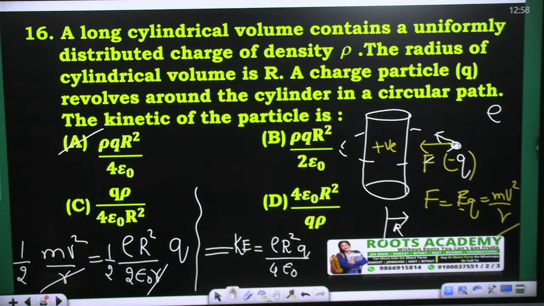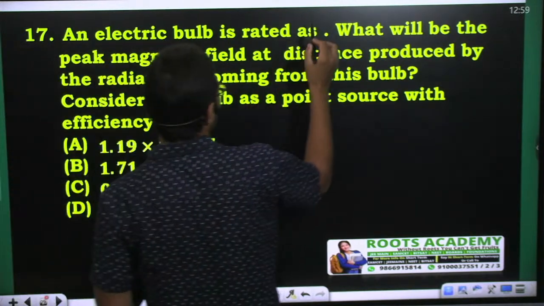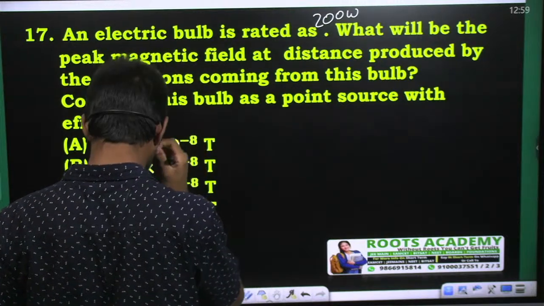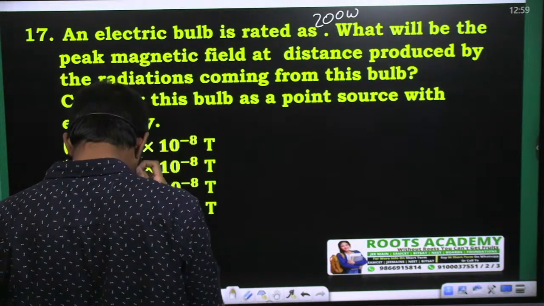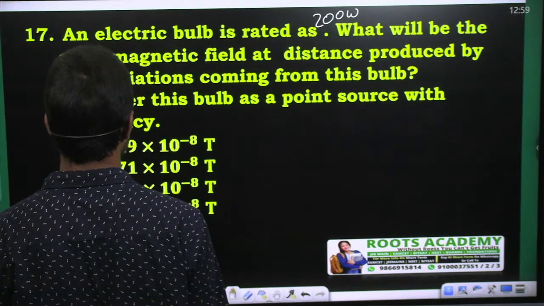So now let's try to look at the other question. An electric bulb is rated as 200 watts. The question is a bit missing, so let's check. What will be the peak magnetic field at a distance of 4 meters produced by the radiations coming from this bulb?